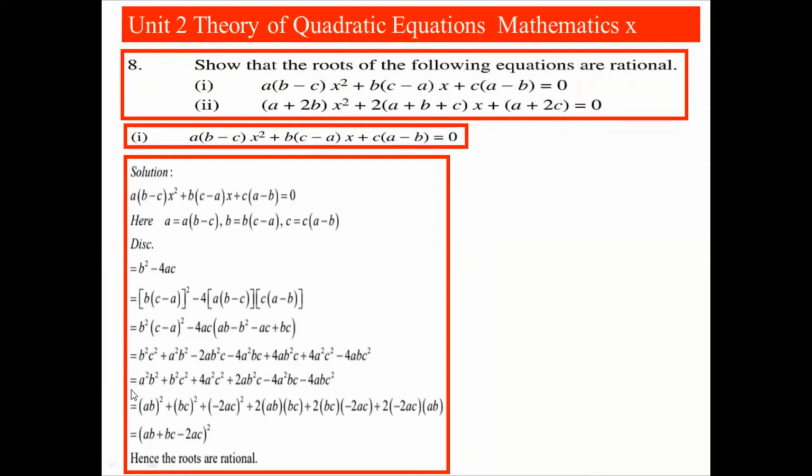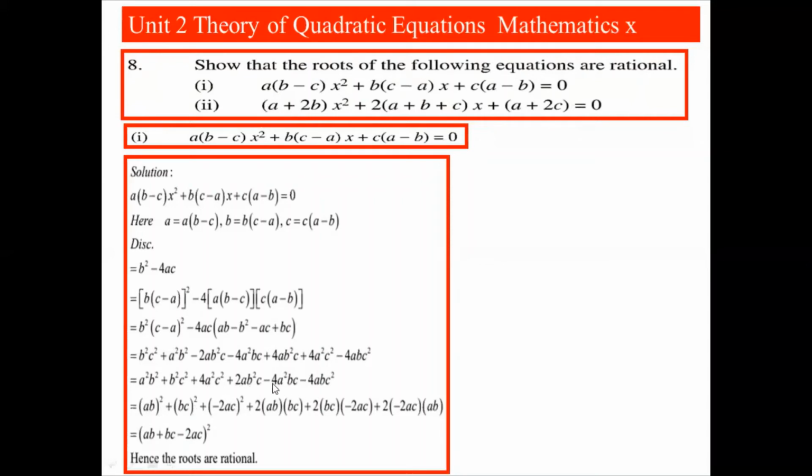So we can write this as (ab) whole square, we can write this as (bc) whole square, and why we are writing this as minus (2ac) whole square, I will discuss later. Now we have 2ab, 2bc, and when we multiply this, we have plus 2a square bc. It means these two terms are positive, so that's why we are taking these two terms positive.